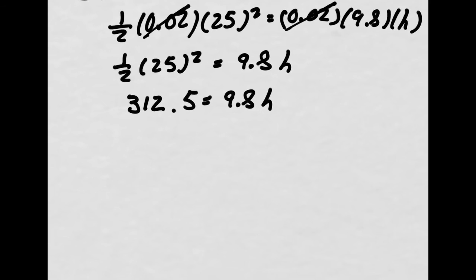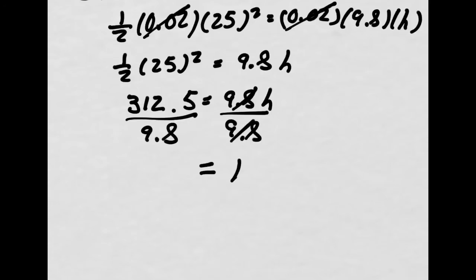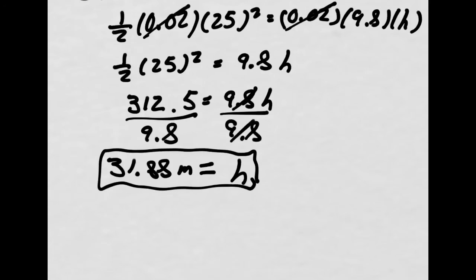And then we divide both sides by 9.8. And we get that h is 31.88 meters. And I think that is a lot simpler than doing it with kinematics.